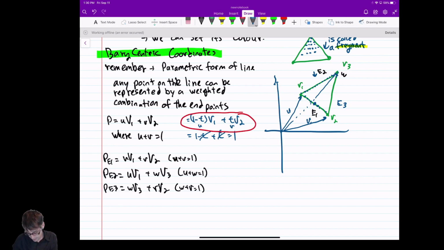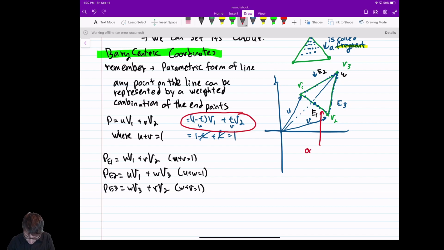But if I take a combination of v3 and v2, as I go from 100% of v3 and 0% of v2, and I reduce that, and I go along my parametric line, I'll get all the points along that line in a parametric fashion. So I just wanted to do this to show you that it's all kind of the same thing. Okay? Let's see if I have some annotations to help this out. Yeah.